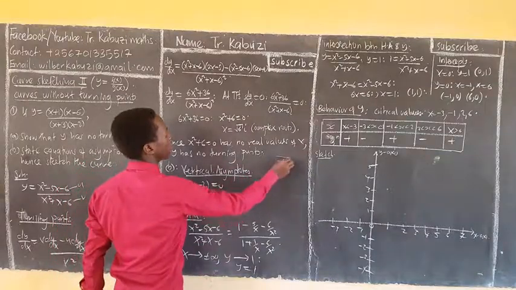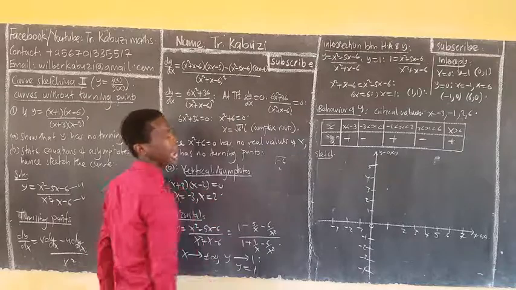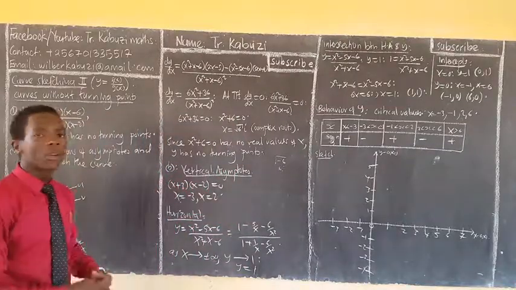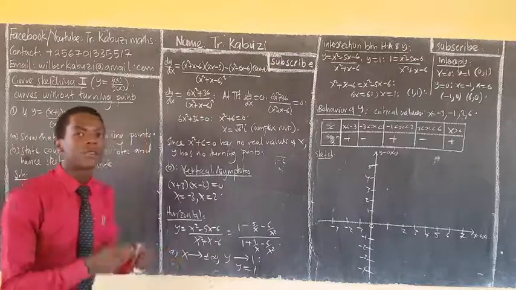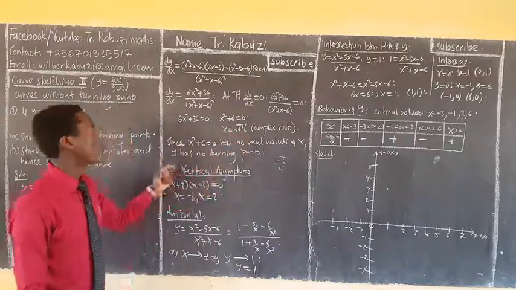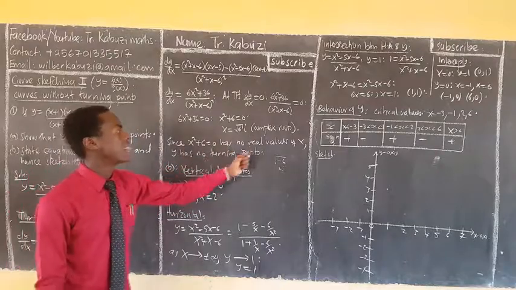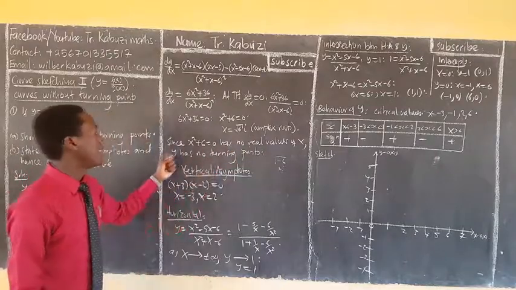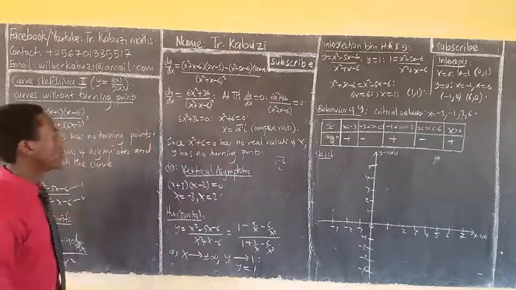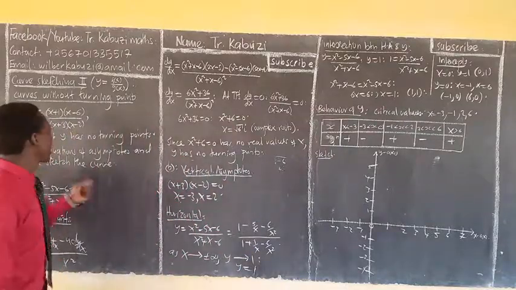When you get the square root of this, it will be root 6, and the root of negative 1 is i. Because this curve sketching is for real values, and here we have unreal, complex values, we found that since x squared has no real values of x, then y has no turning points, and we mark that conclusion.